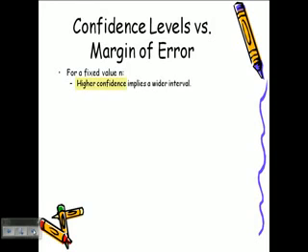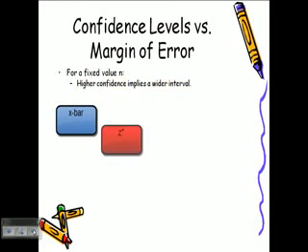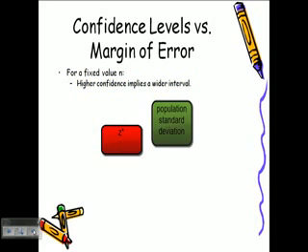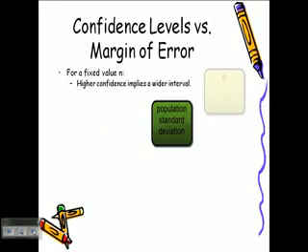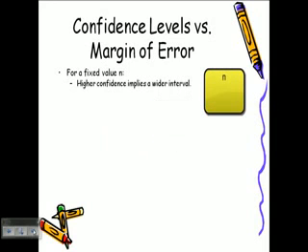Larger confidence levels correspond to higher confidence in your procedure, and that implies that you have a wider confidence interval. Recall that the interval is made up of 4 things: the estimate, x bar, the critical value, z star, the population standard deviation, which is sigma, and the sample size, n.